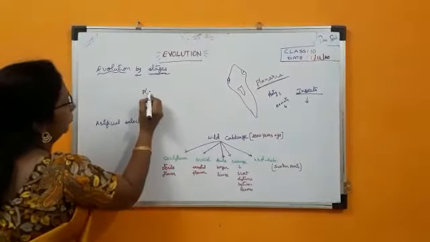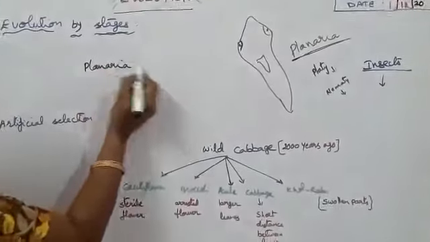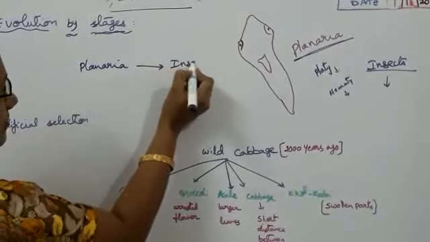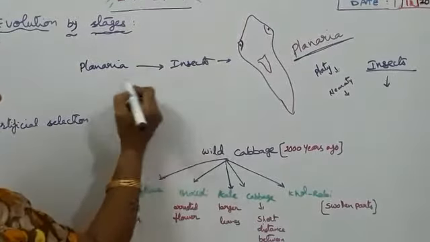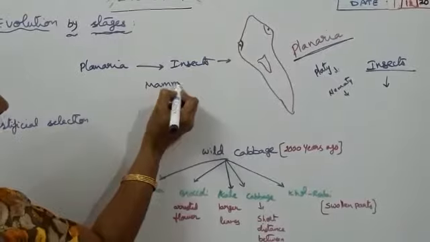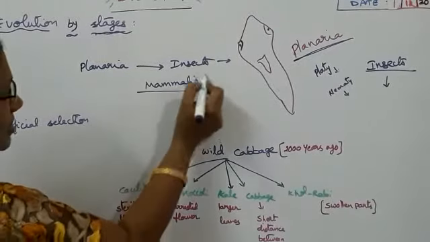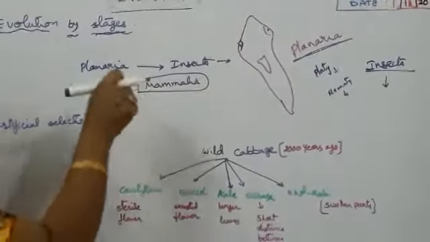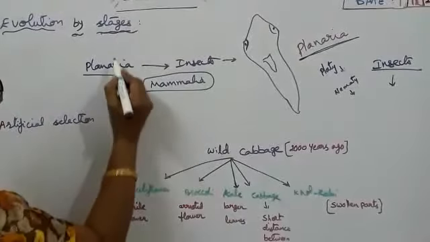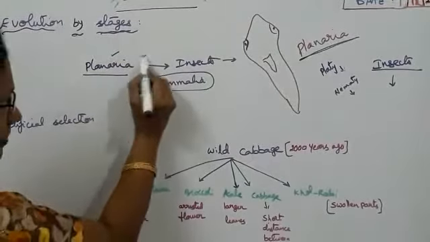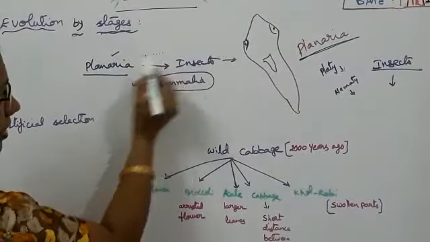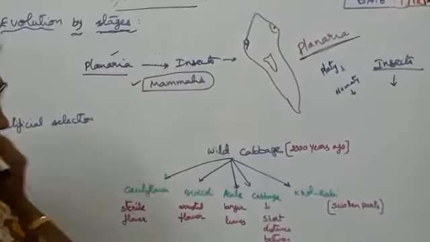From Planaria, if you consider the development of the eye, insects will have the most complex eye of all, then mammalia. In all these organisms we are considering that we are mammals, we are here. But Planaria is also still surviving, and earthworm is also surviving, and all the other intermediate organisms are also surviving.